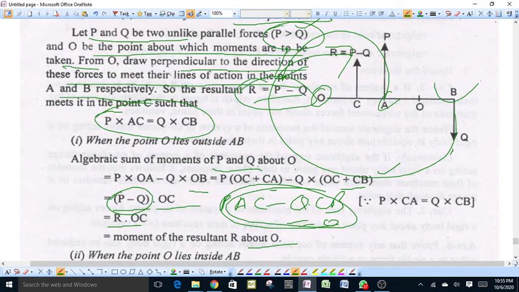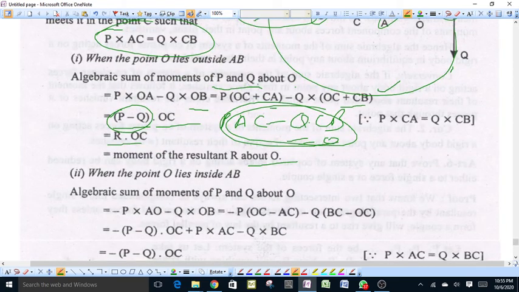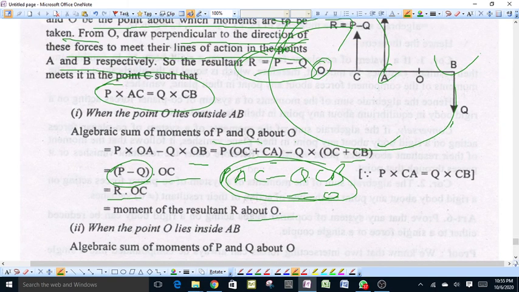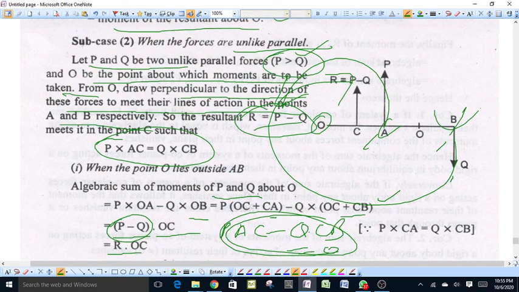Now, we take O, a point lying inside AB, where two unlike parallel forces P and Q act.